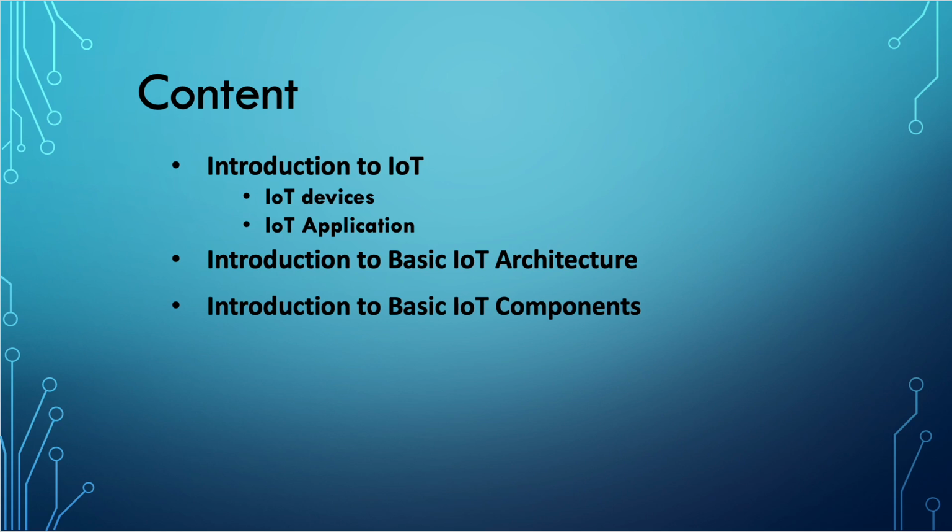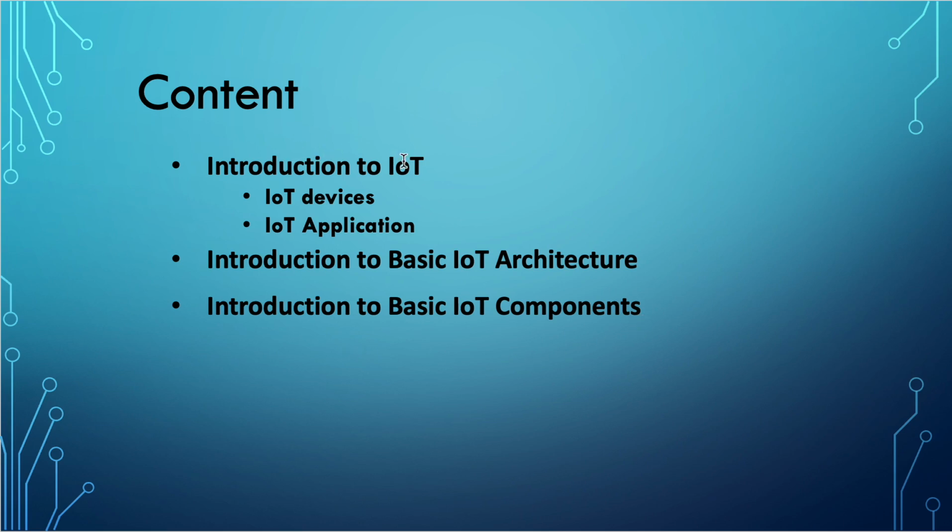That will be followed by an introduction to IoT devices and IoT applications. Then after that we will take an introduction to basic IoT architecture, and then an introduction to basic IoT components.